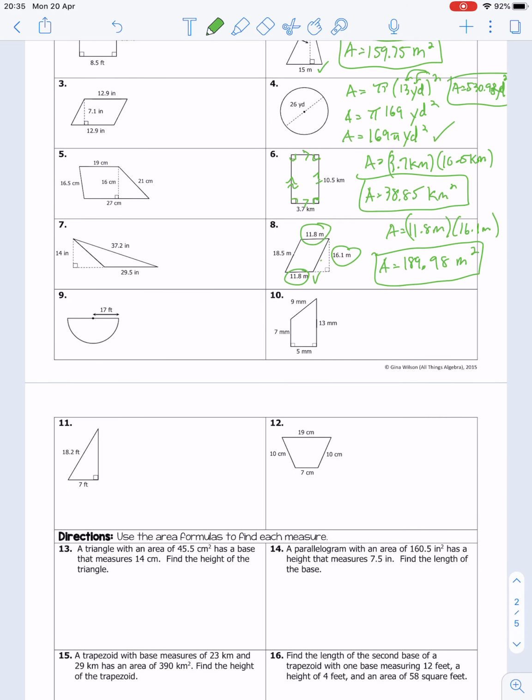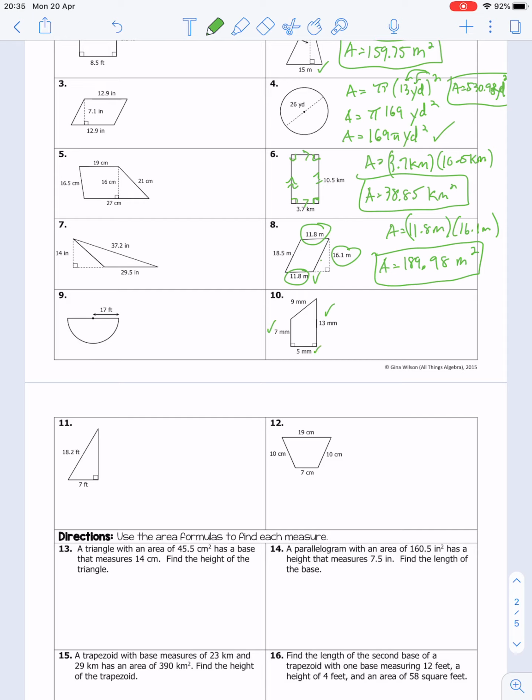Number 10. Looks like it could be a trapezoid, but we got to know if these sides are parallel or not. And we know that because both those sides are perpendicular to 5 millimeters, and that means they are parallel. We learned that a while back. So we have our bases then. Those are the 2 parallel sides. And then we need some side that is perpendicular to the bases, which is the height of the trapezoid.